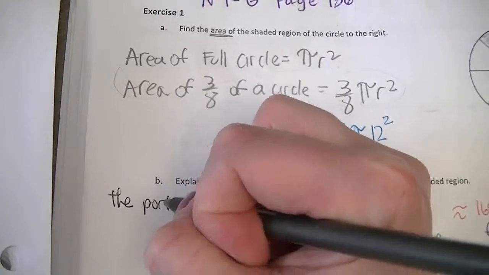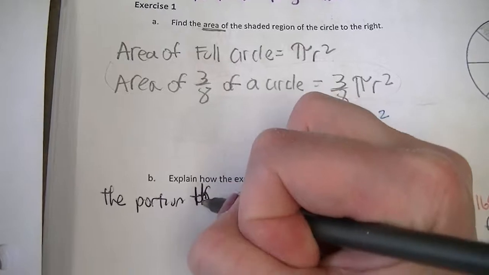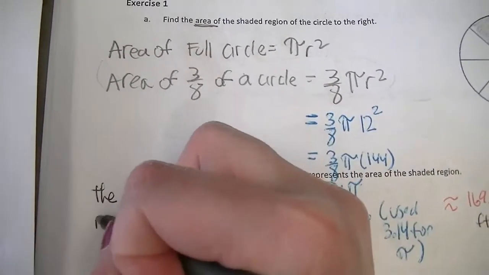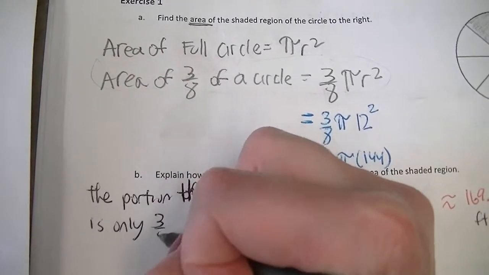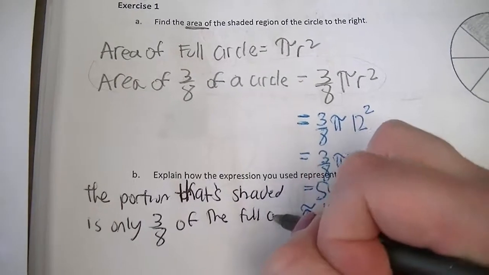The portion that's shaded is only 3/8 of the full circle.